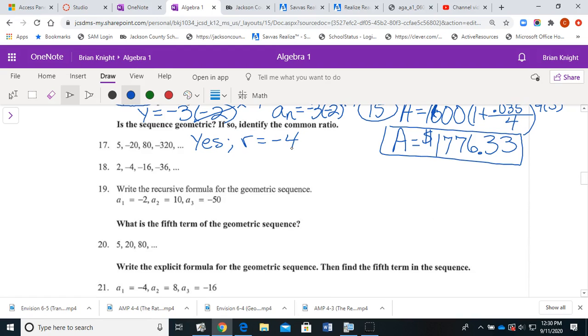No. They multiplied by -2 first, and then they multiplied just by 4, and then they multiplied by I don't know what. So they're not multiplying by the same thing every time. So, like, is that even any type of sequence? That is not any type of sequence that I know of. I guess it could be, let's see here.